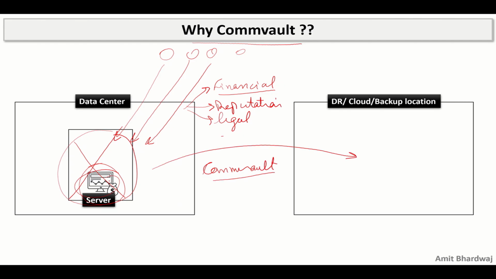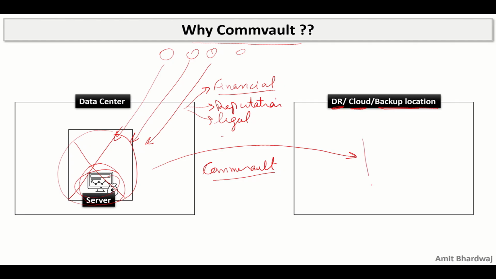In this case, what happens is a backup of that application of the server is kept either in a DR location, a cloud location like S3, or maybe blob storage in Azure, or the backup location wherein all the data has been saved.